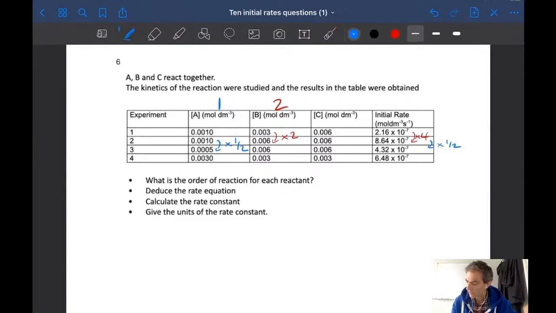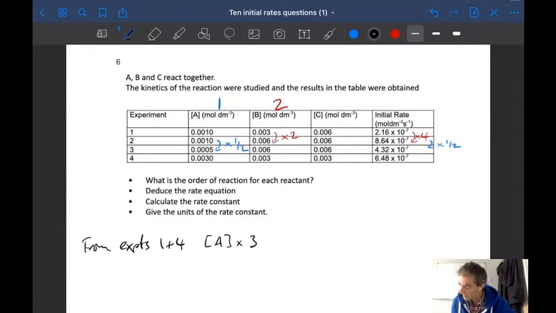So the way I'm phrasing this one, I'll do this in black. From experiments 1 and 4, what can we see? We know that the A concentration has trebled, so it's gone from 0.001 to 0.003.